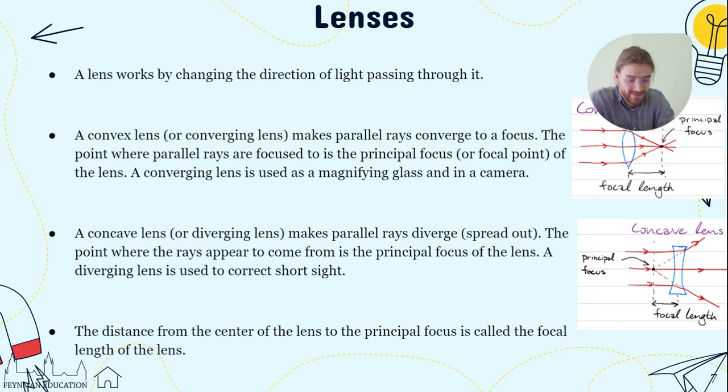So when it comes to lenses now, a lens works by changing the direction of light passing through it. That's what I said earlier, right? Now we get two different types, convex and concave. Convex is kind of like a leaf shape, and this is also known as a converging lens, because it's going to take light and converge those parallel light rays into a point on the other end of this lens.